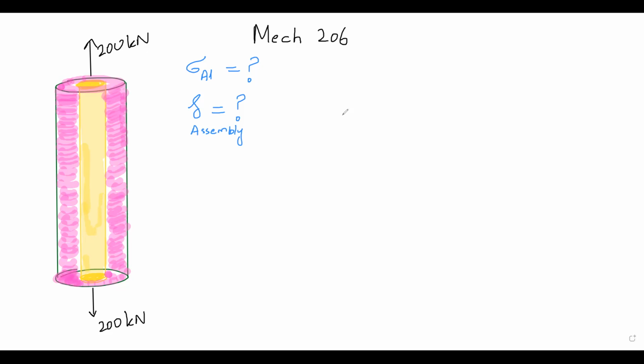Okay, dimensions, I think I did not write them, let me write them for our online students. The inner diameter is 25 millimeter. The length of this fellow is 300 millimeter.